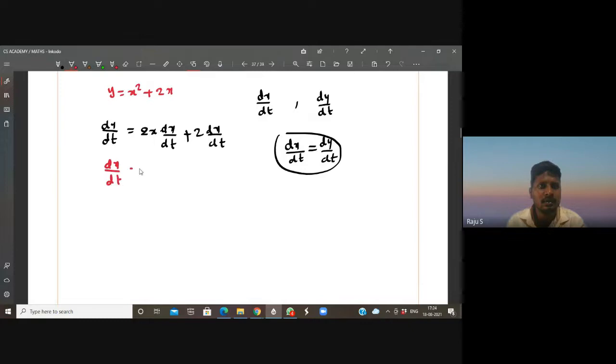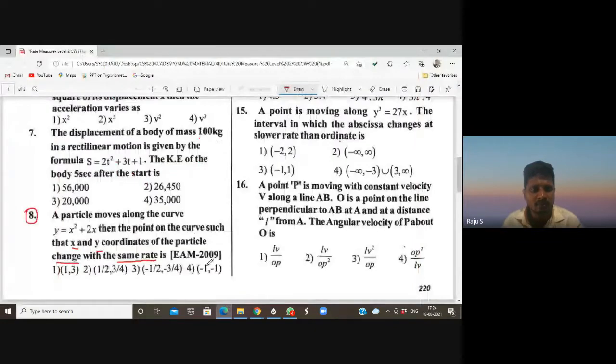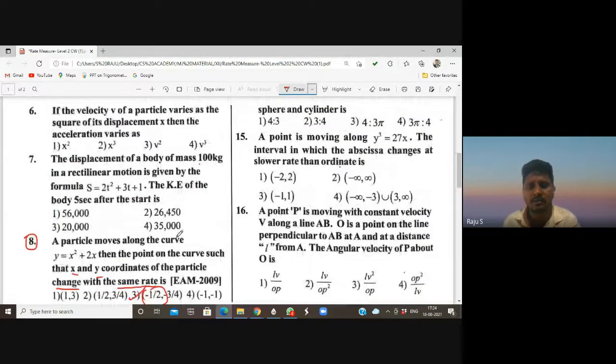So dx by dt is equal to 2x plus 2 into dx by dt. Shall I cancel these? Yes. So now 2x plus 2 is equal to 1, so x is equal to minus 1 by 2. Am I right, students? When x is minus 1 by 2, how many options are there? Only one option. The third is correct. It is not necessary to find the y coordinate because x coordinate minus 1 by 2 appears in only one option.